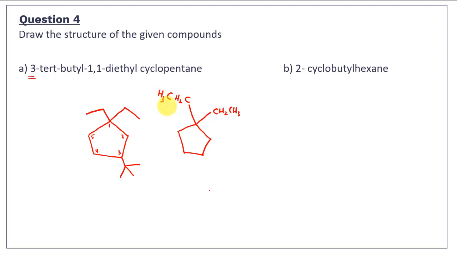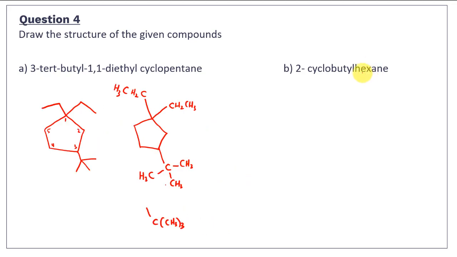And then the substituent at carbon 3, tert-butyl, looks something like this: CH3, CH3, CH3. Or you can also condense them all together, C and then CH3 inside the bracket.